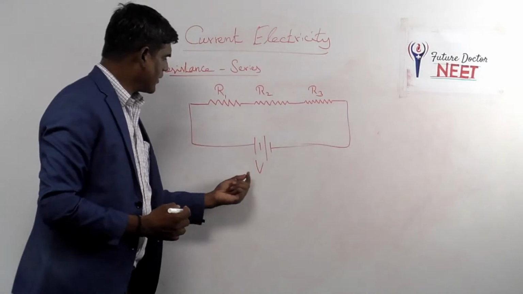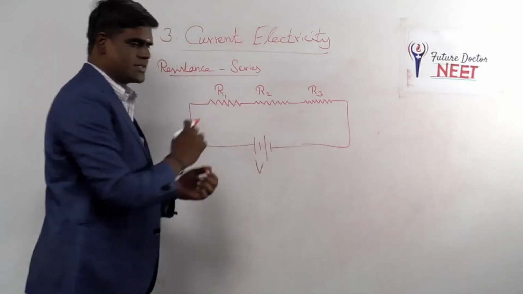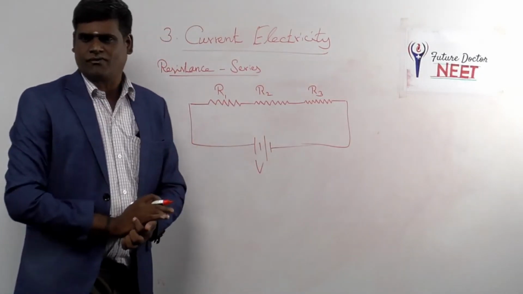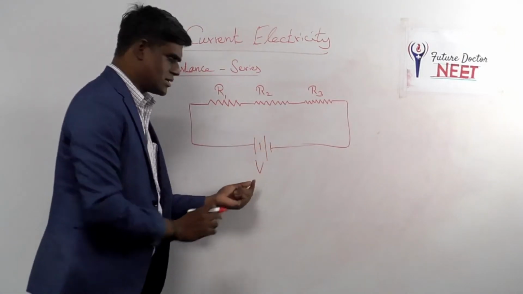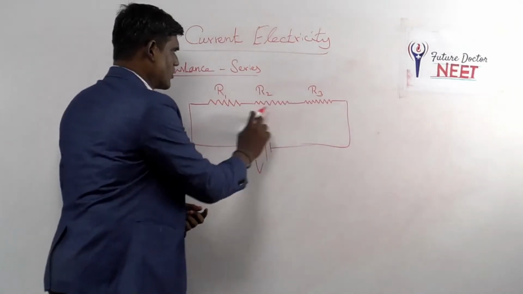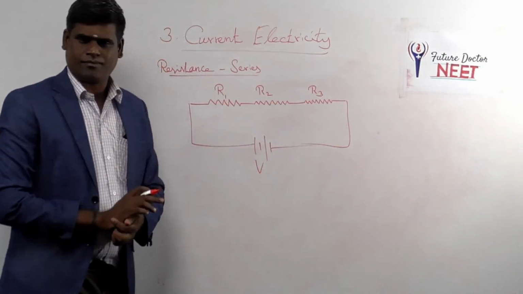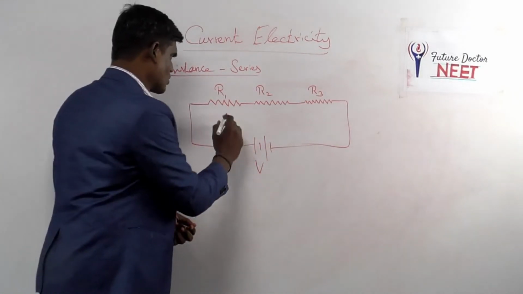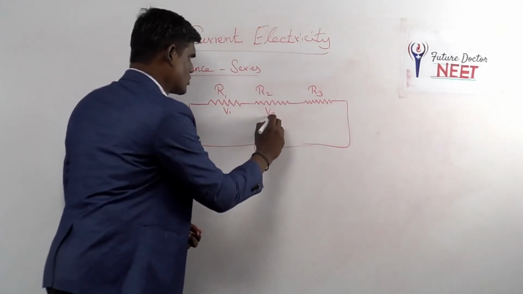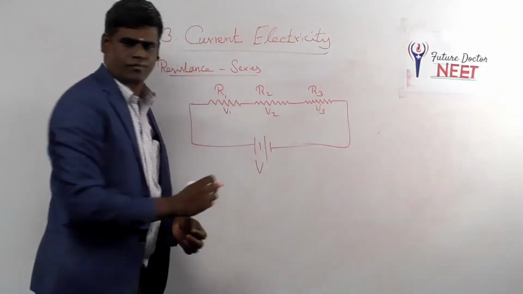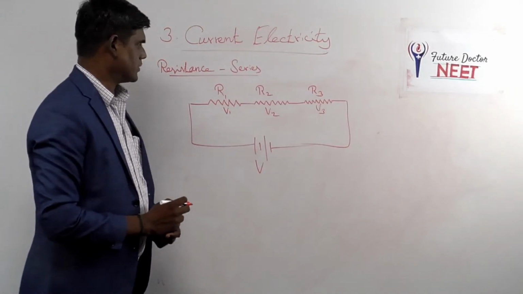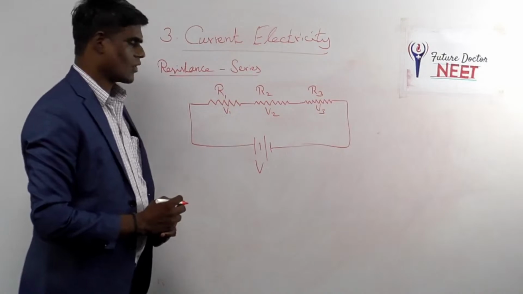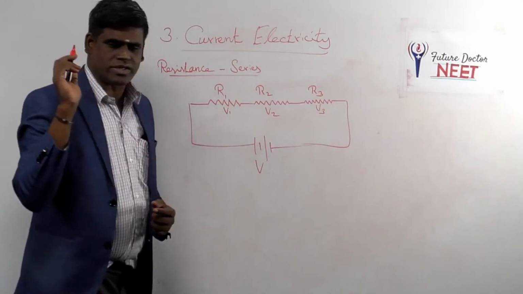And already we have discussed, when something is connected in series, what about the potential? Potential will be divided or same? Divided. So this will be V1, V2, V3. Then current is constant, we discussed.